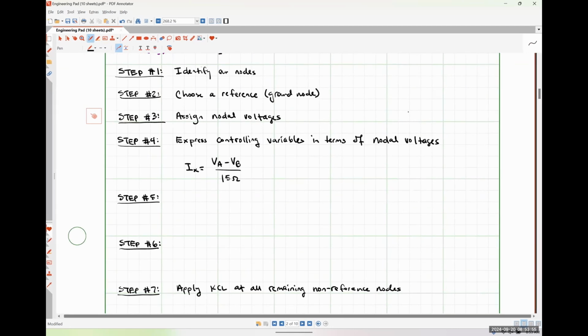Okay. So step number 6 is going to be apply KCL at any supernodes that do not contain the reference node.